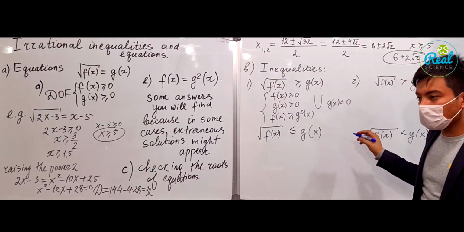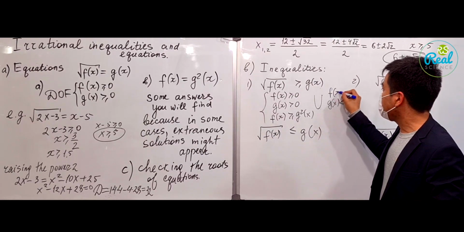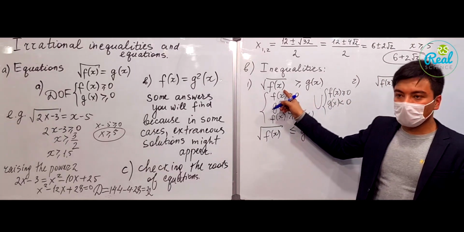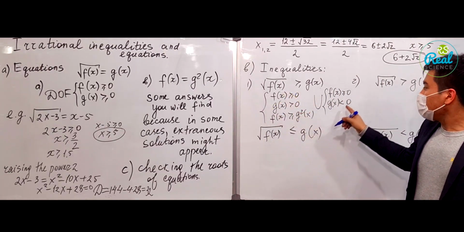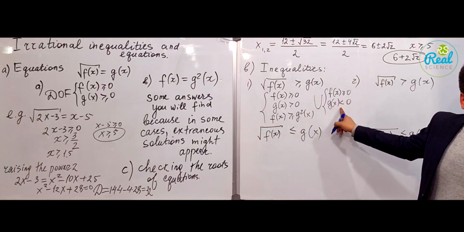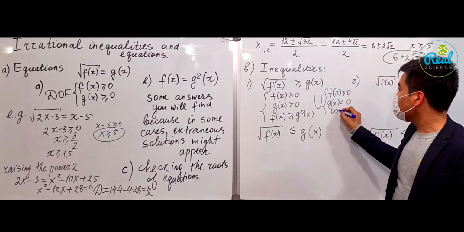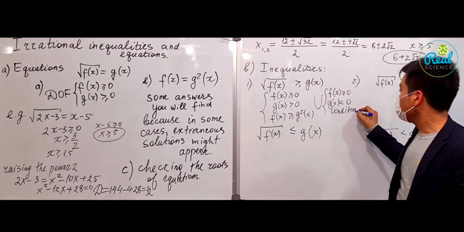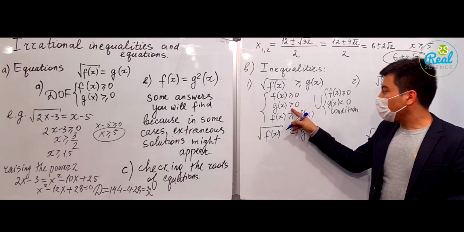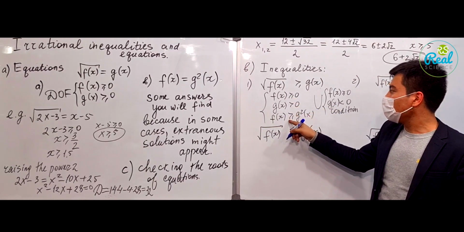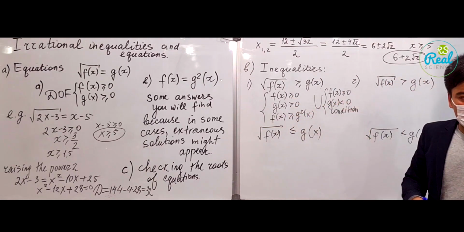If g(x) is negative, there is an answer, only the inside of the square root must be positive. It doesn't matter if g(x) is positive or negative, here it's just a condition, okay? But it's not the solution. You must solve in this case, then you must solve in this case.